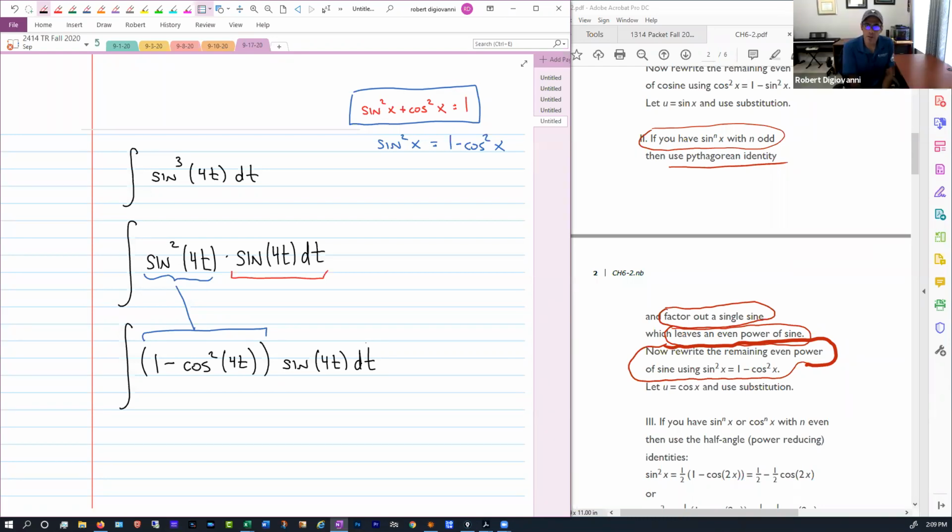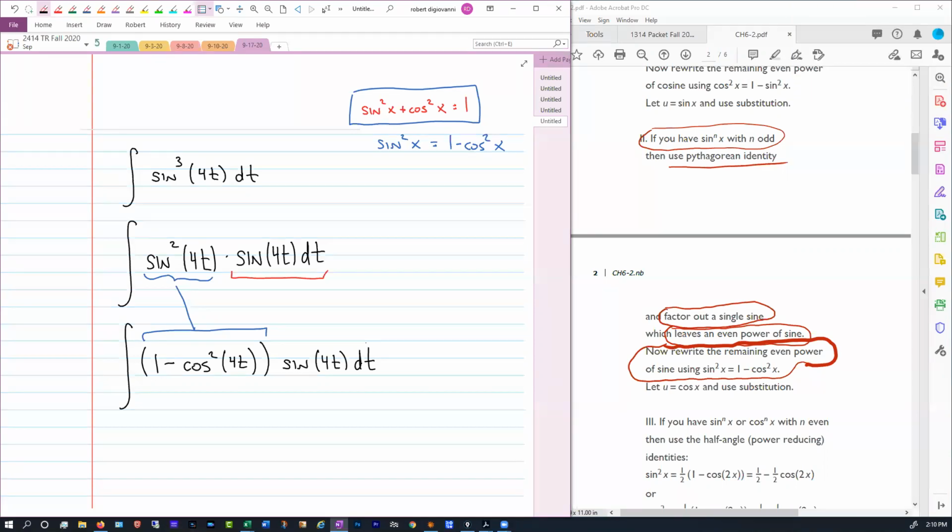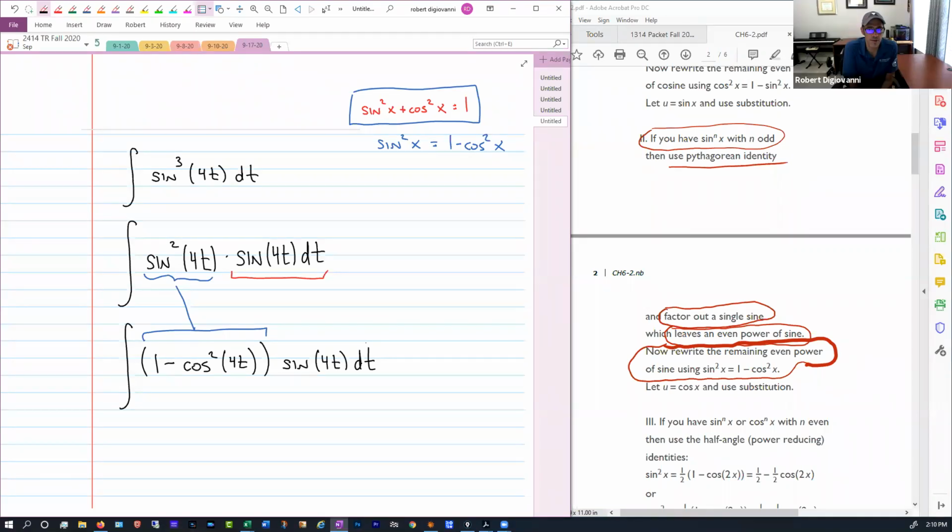Okay, so do y'all see what this got us to? Yes. This is a basic u substitution now. Do you see something in its derivative? What's the derivative of cosine? Negative sine. Do you have negative sine? You're off by a sign, but yes, you have sine out there, don't you?